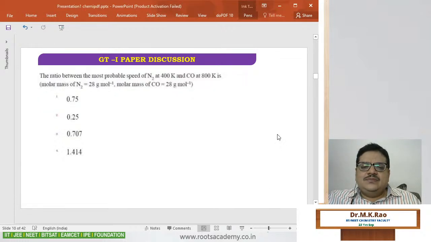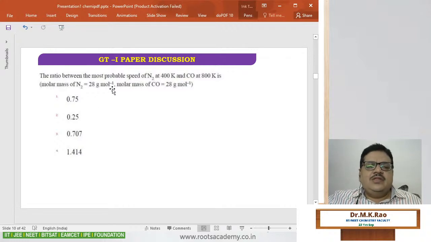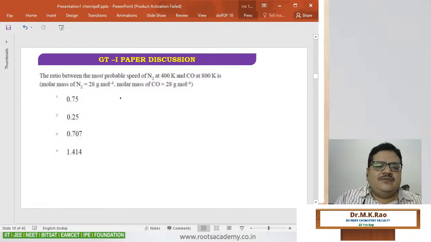Next question. The ratio between the most probable speed of nitrogen at 400 Kelvin and carbon monoxide at 800 Kelvin. Molar masses are given.